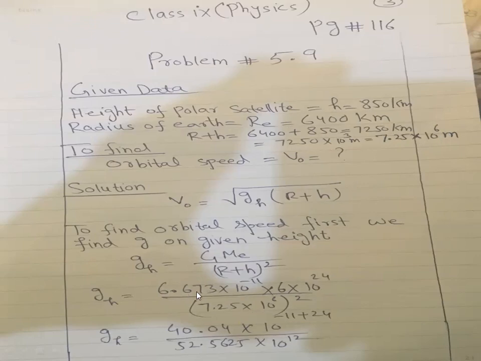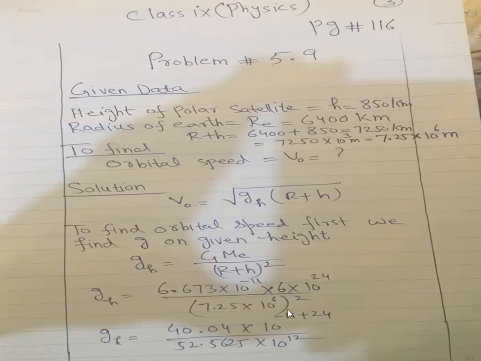So 6.673 multiplied by 6, you will get 40.04. So 24 minus 11 is 13. 7.25 whole square is 52.5625, and 10 power 6 squared gives 10 power 12.